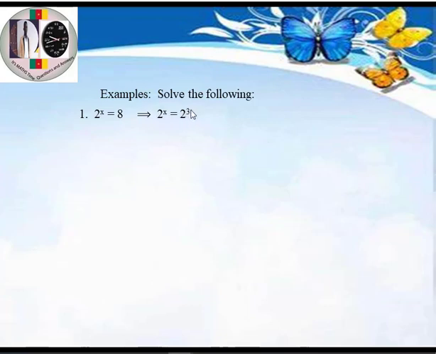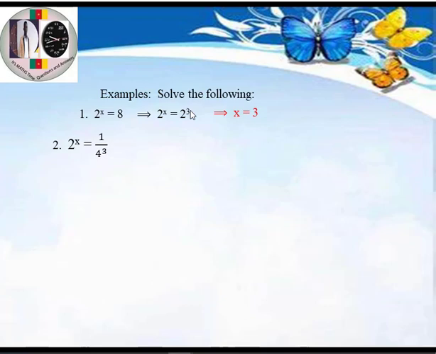So the number that will give us 2 power 3 is only when x is equal to 3. So if the bases are equal, then the powers must be equal. In that case, we can say that x is equal to 3.